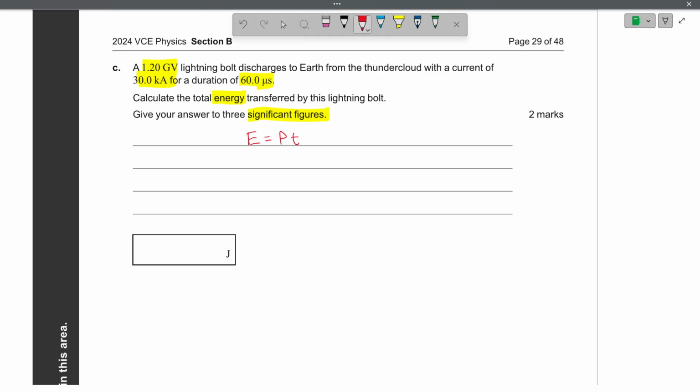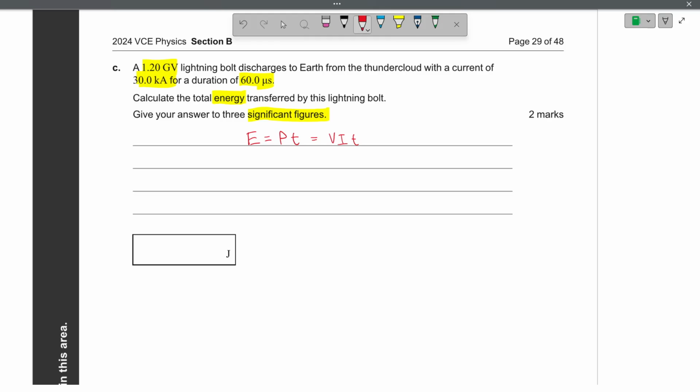In this case, we've got electrical power, and electrical power is equal to voltage times current. So the energy is voltage times current times time. That's just how I saw it initially. You might already just have this equation, energy equals VIT. That's fine, nothing wrong with that.